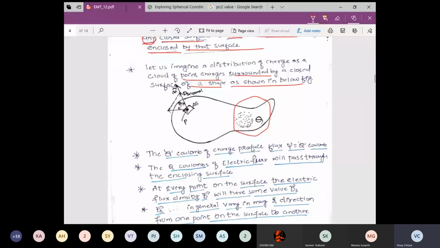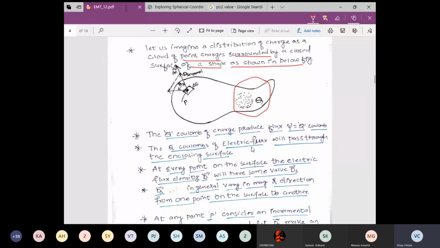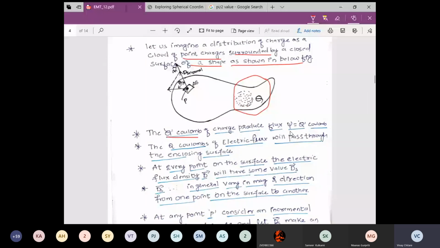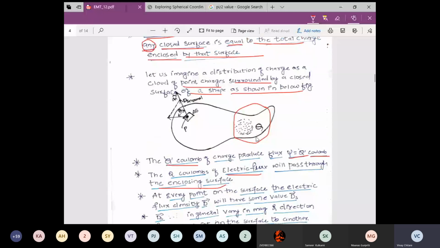Now we know that this Q coulomb of charge produces a flux psi equal to Q coulombs. The Q coulombs of electric flux will pass through the enclosing surface. They will pass like this, through this surface.